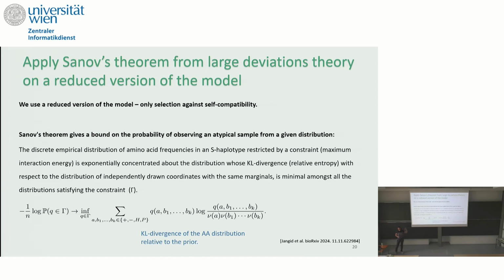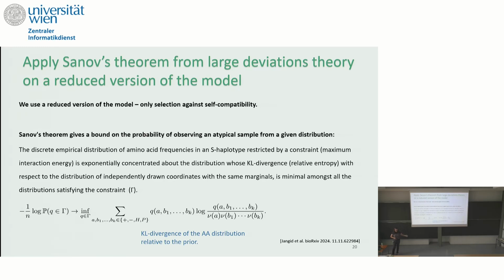And we tested this both in simulation, and then we analytically approximated the frequencies that we obtained in this simpler model when there is only selection to avoid a match within the S haplotype. So we use here a theorem from large deviation theory called Sanov's theorem, which gives us a bound on the probability of getting an atypical sequence from a given probability distribution.